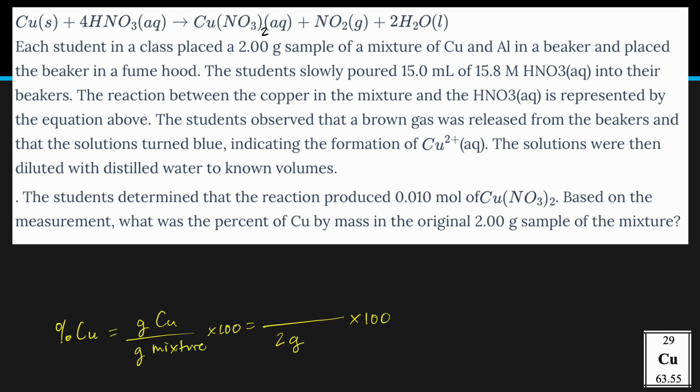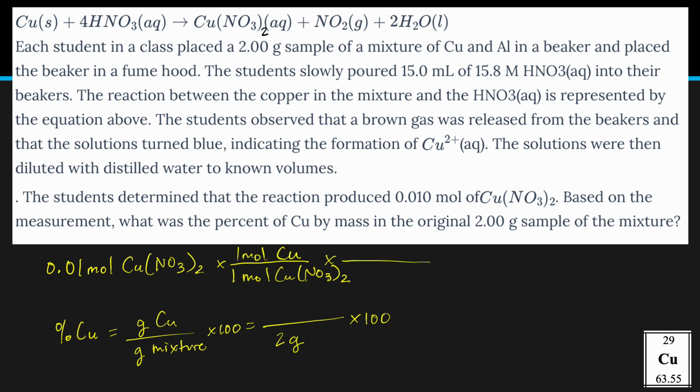So we're starting with 0.01 moles of copper(II) nitrate. I'm already in moles, so I can go ahead and look at my balanced chemical equation. It is a 1-to-1 ratio, so I know for every 1 mole of copper(II) nitrate, I have 1 mole of copper.